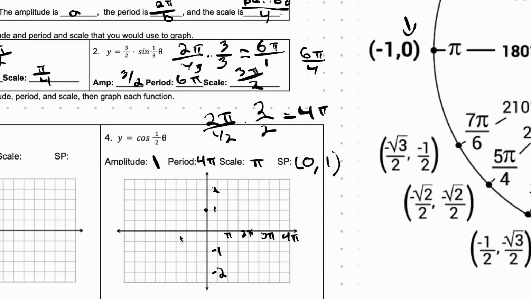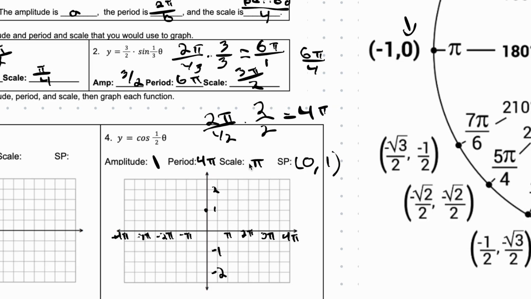This can also go in the other direction, -pi, -2 pi. Sorry, I thought for a second I miscounted. And then we have -3 pi, and then -4 pi. Okay, so let's plug in each of these things.